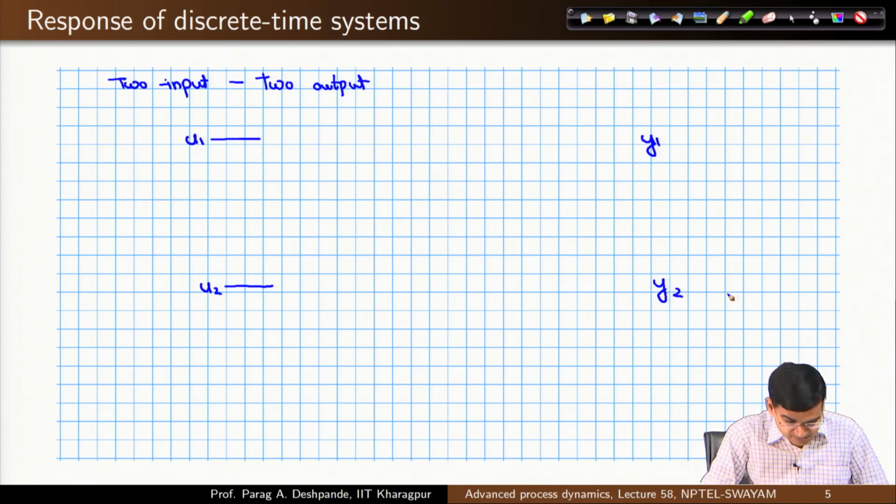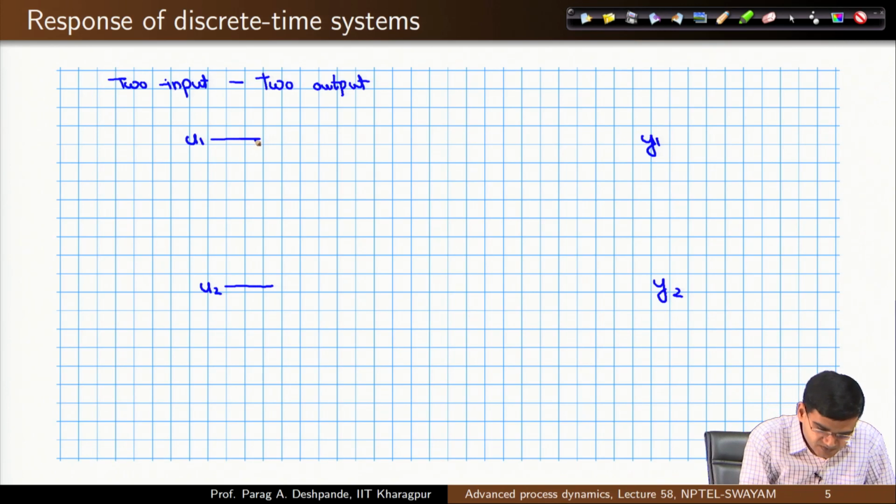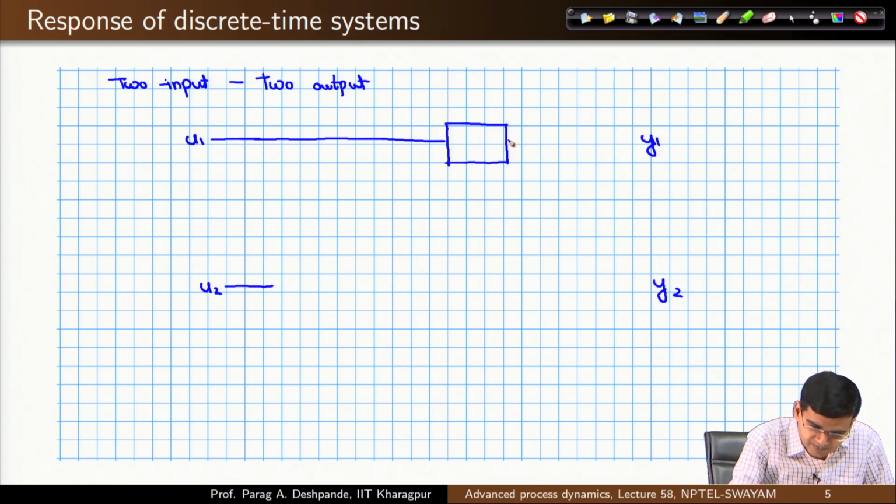Now, u 1 is acting on the system to give you output y 1, right. So, I will have a block here and this gives you y 1, right.